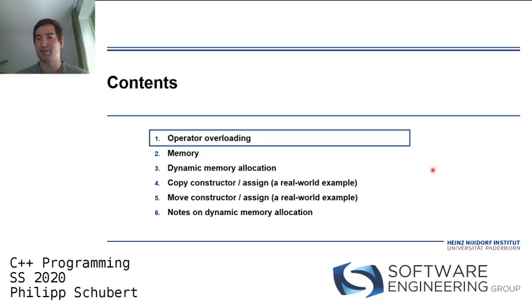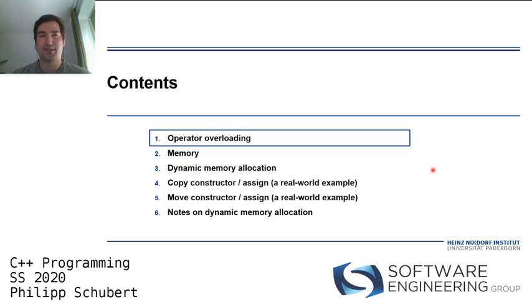So today you will learn what operator overloading actually is, how it can be used, and what you can do with it essentially. You already used it a bunch of times, for instance, for your cout stream, which is a special global variable, and there you use the left shift operator to write some data to the character output stream.